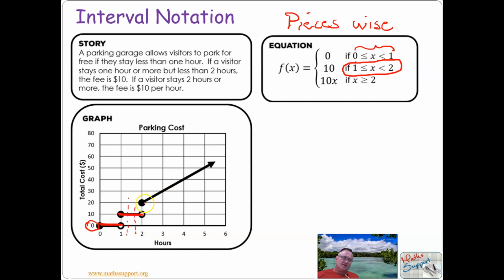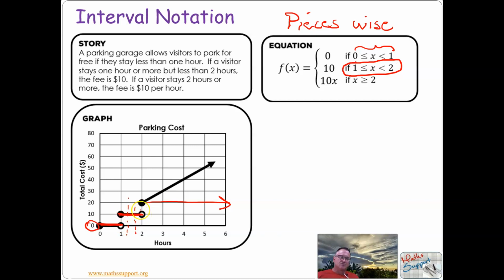And then this section right here, this is the x value. This includes 2 and every number greater than 2. So you notice there's no numbers that are left out. This starts at 0. 1's included, except the graph jumps up to this step.